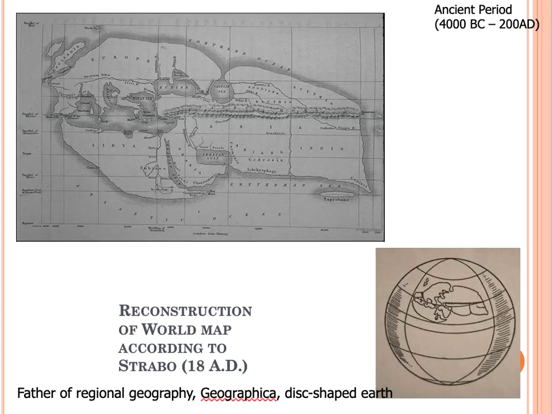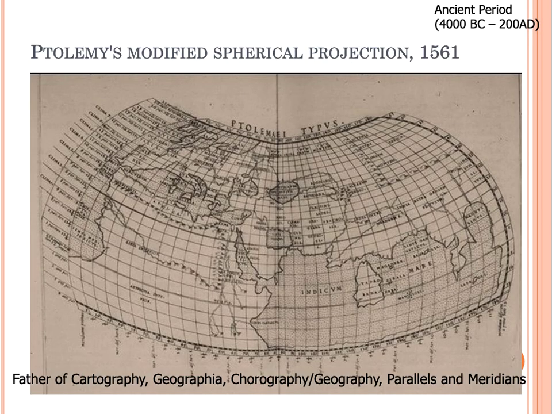Also, this is the reconstruction of the world map according to Strabo, and he's known as the father of regional geography. And this is Ptolemy's modified spherical projection in 1561.